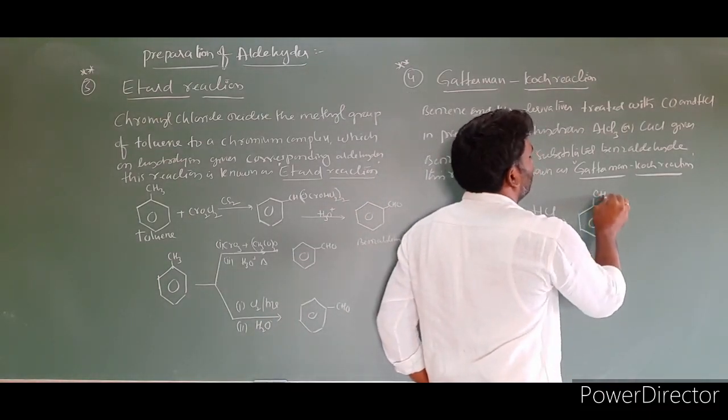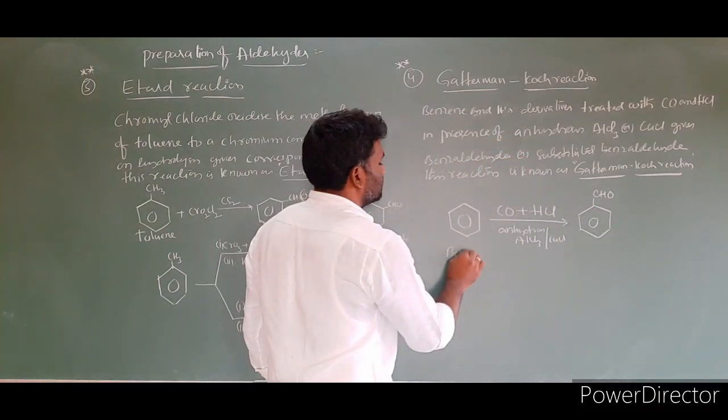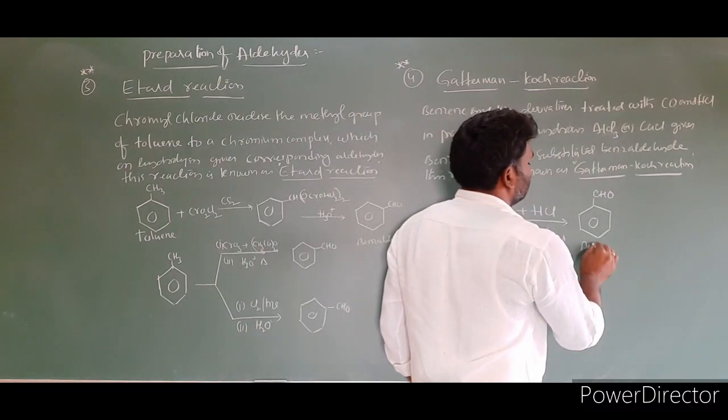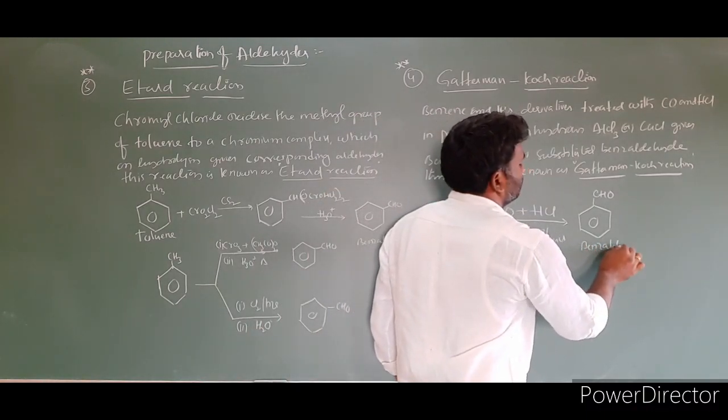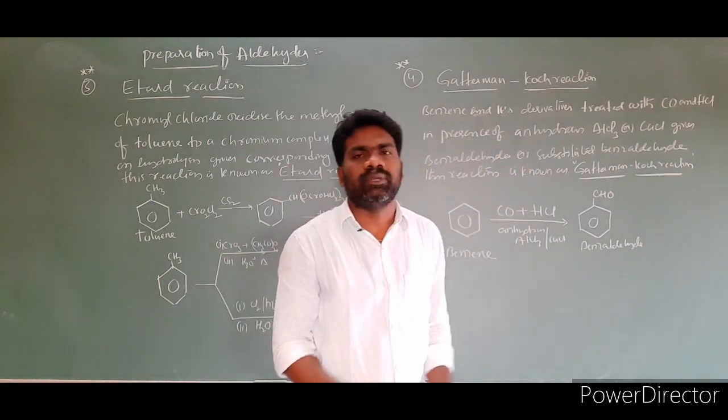Upon the benzene ring we write the CHO group. So in the Gattermann-Koch reaction, benzene is converted into benzaldehyde.